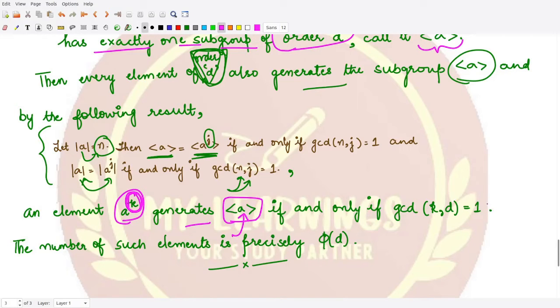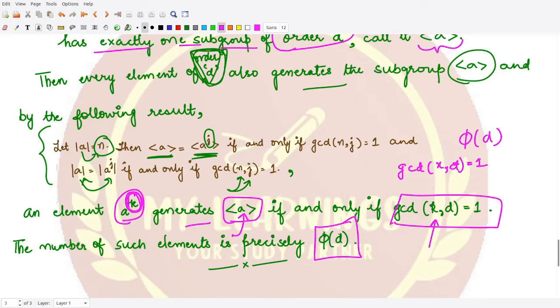So according to the definition of phi of d, what does it give us? It gives us all those numbers such that the GCD of those numbers with d is equal to 1. And this is what we are saying: all those numbers k which are relatively prime to d are counted by the Euler phi function.